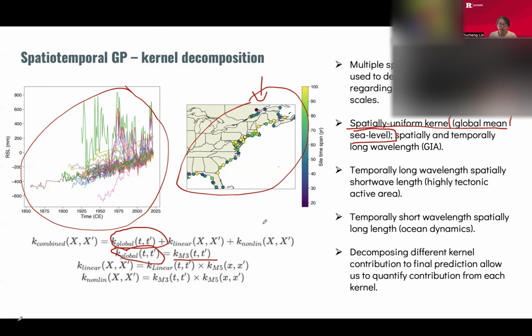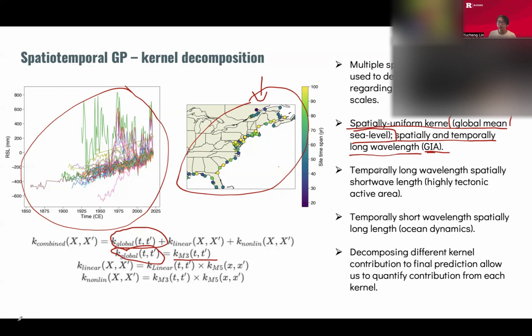Okay. And then we have a spatially and temporally long wavelength signal, just like GIA. It's spatially and temporally moving really smoothly, with a really large length scale. So you can set a kernel to describe this signal.